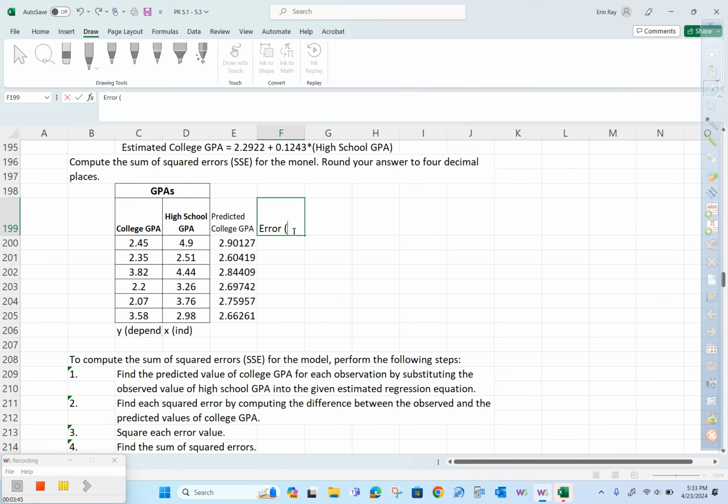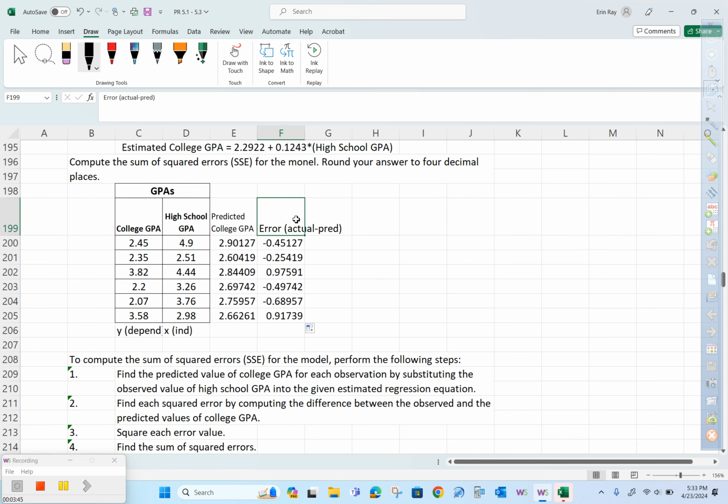This is going to be the actual, excuse me, minus the predicted. So equals, the actual college GPA was here, and then we're doing minus the predicted college GPA, and then dragging that down.